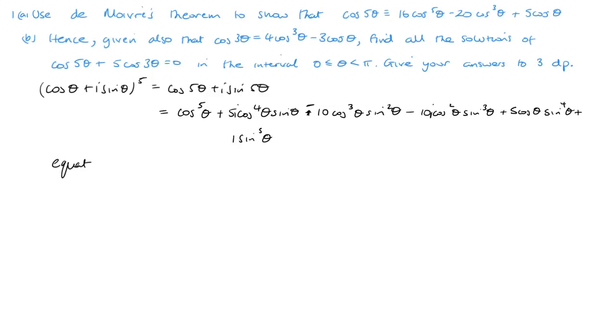So equating real parts gives me cos 5 theta is cos to the power 5 theta minus 10 cos cubed theta sine squared theta plus 5 cos theta sine to the power 4 theta.